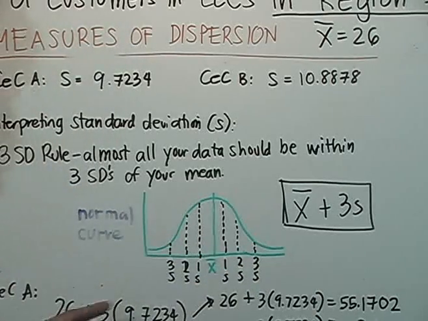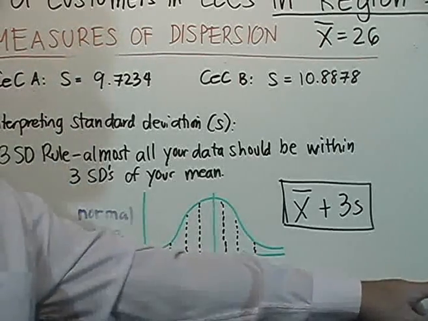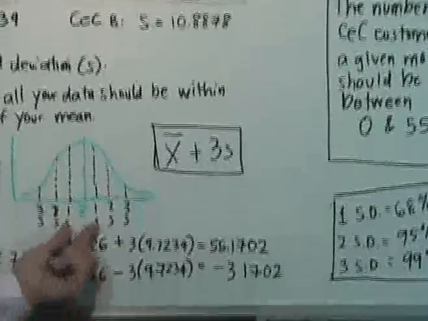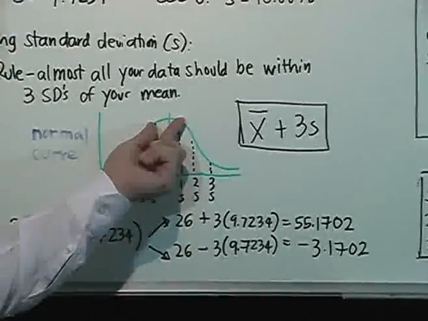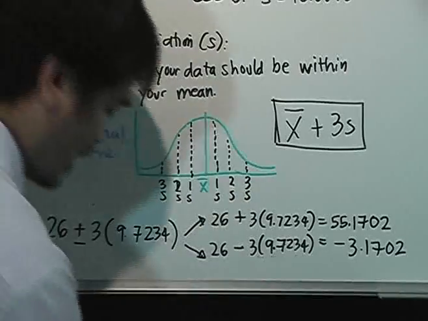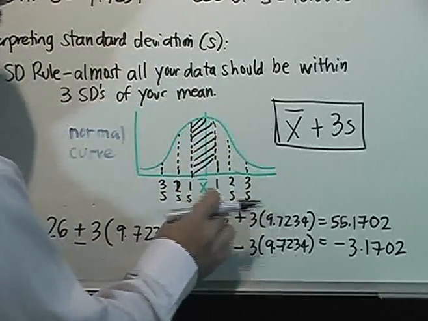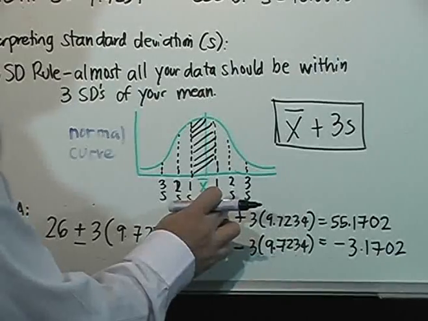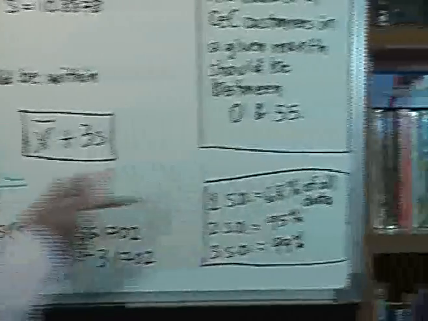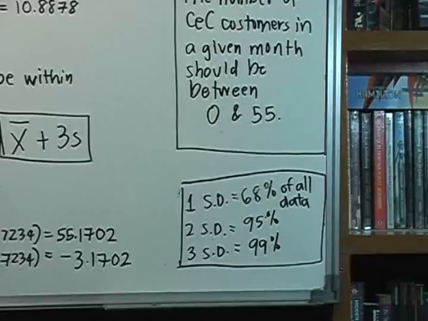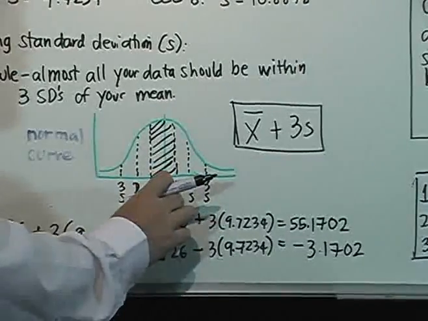It has been computed that when you say 1 standard deviation from this mean, all the observations under this area, 68% of all the data that you will collect will fall under 1 standard deviation.